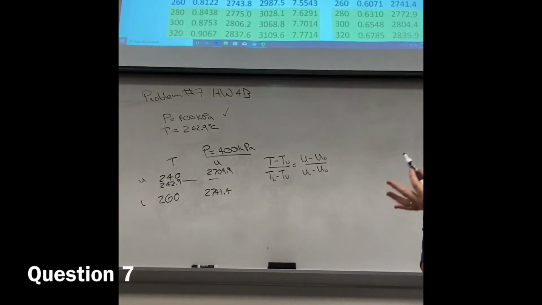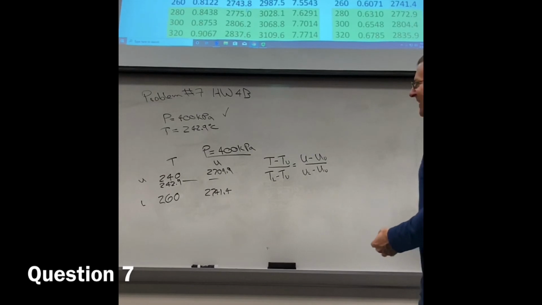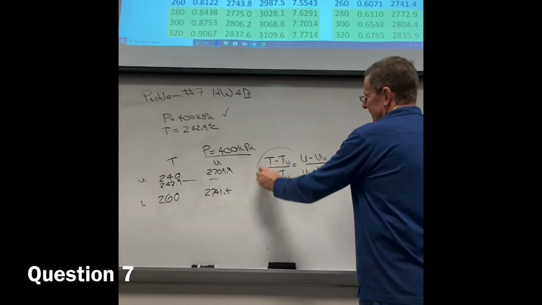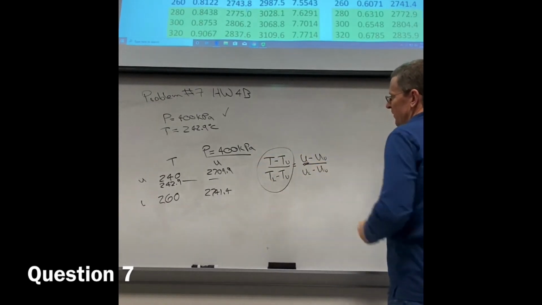Which is the exact same thing we did with saturation tables when we're between temperatures, so it's no different than that. And we know everything on this side, and the only thing we don't know is U.